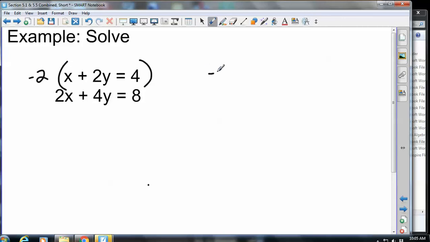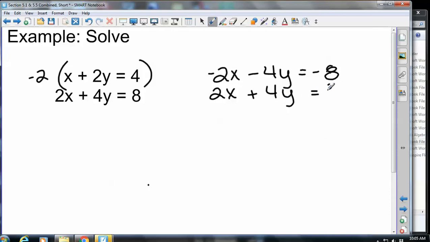So if I take the top times -2, that gives me -2x minus 4y equals -8. What happens when you add these? Infinite solutions. You get 0 equals 0.